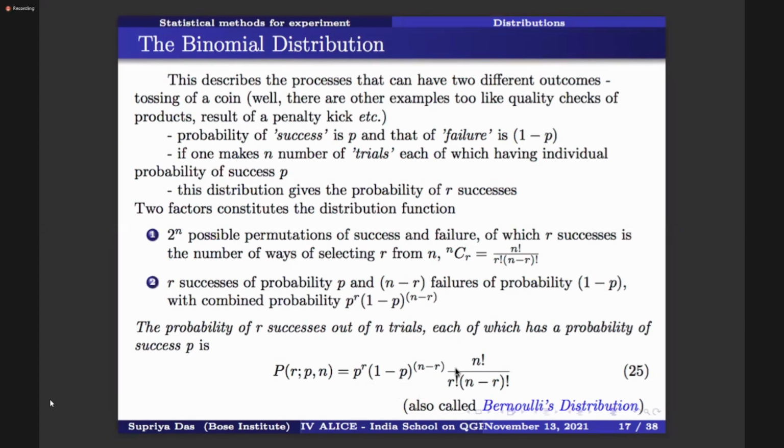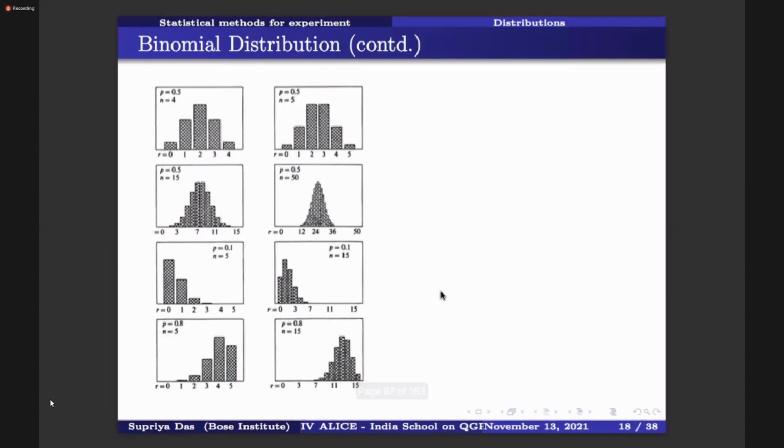Let's see how it looks. This is also called Bernoulli's distribution because James Bernoulli was the first to calculate this probability and talk about this distribution. And you see, this is how it looks. For each distribution of data samples, it is written p and n.